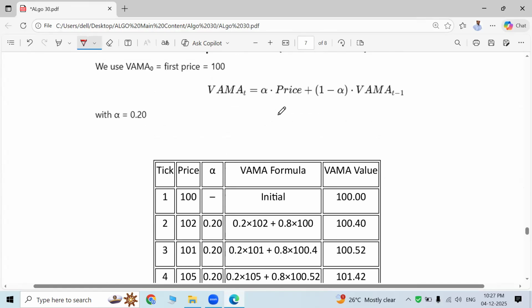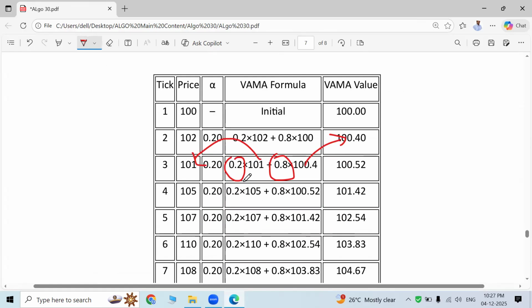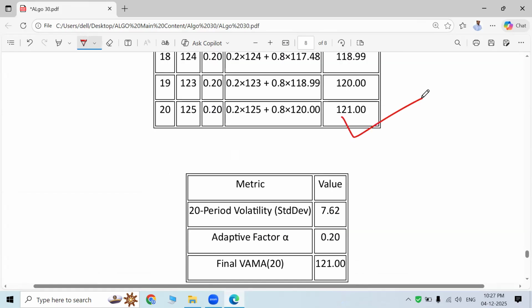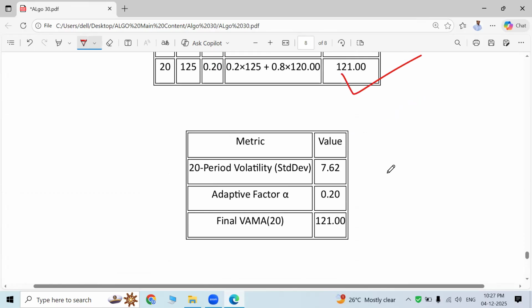So first, the formula: alpha times the price, plus 1 minus alpha times the previous VAMA. Similarly, the price, VAMA, alpha, 1 minus alpha. This way we are going to get the VAMA at the end. Once we get the VAMA, we use this VAMA for the volatility calculation. We use this VAMA for the trade setup.